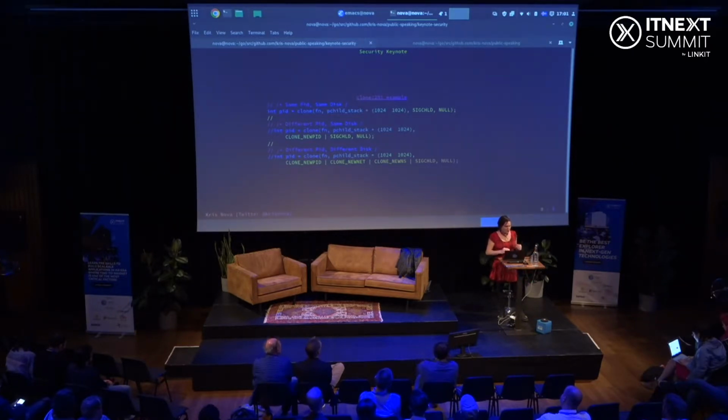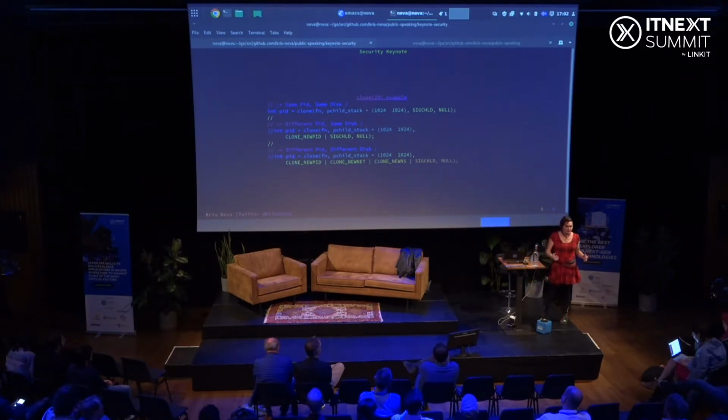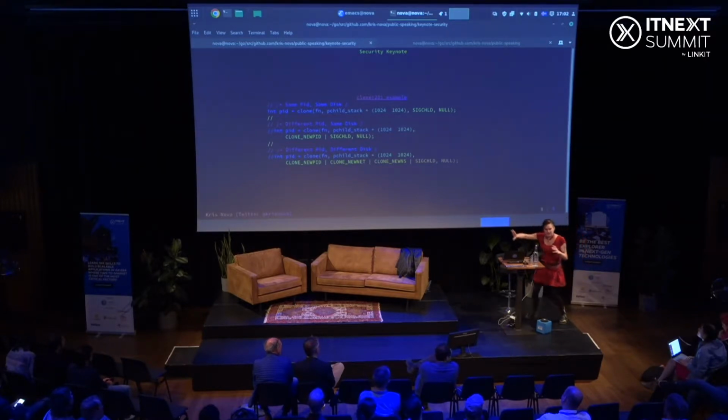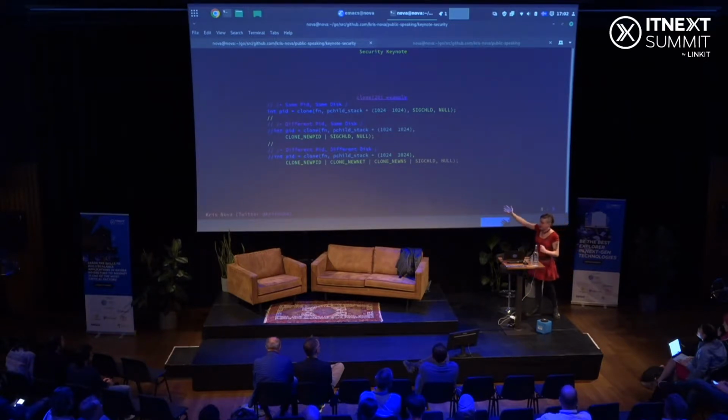Every time you use the clone function in C, you pass in what's known as a function pointer, or effectively you say, go run this other instruction set in this new process. In this case, the instruction set we're going to run is a really simple program. It's called bash. And we're just going to create a new bash shell, and we're going to run it in this new example.